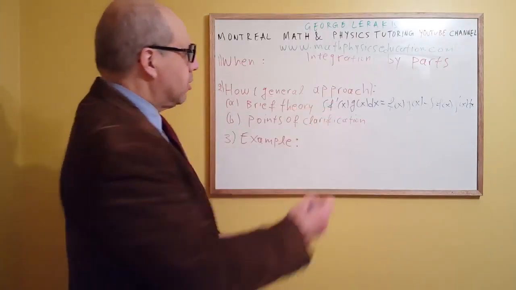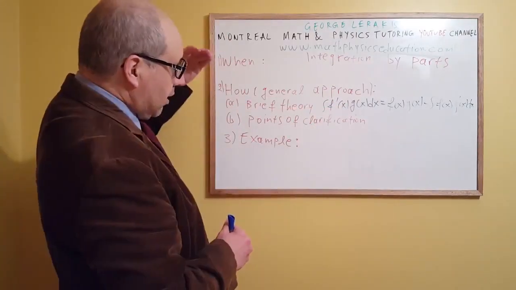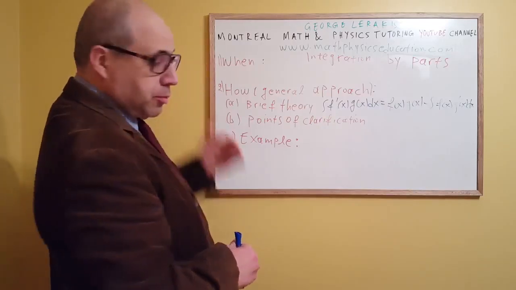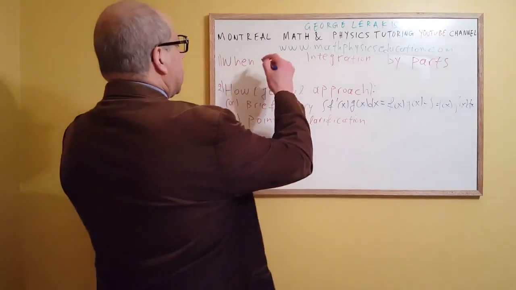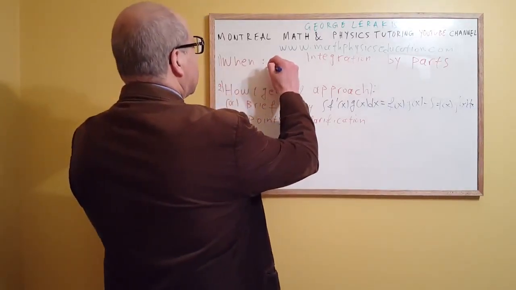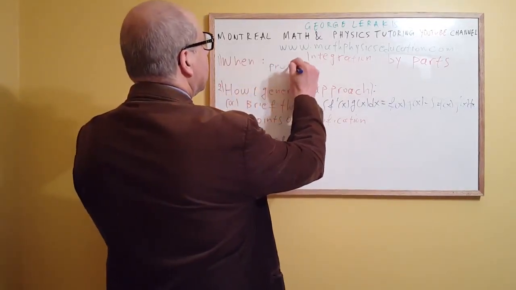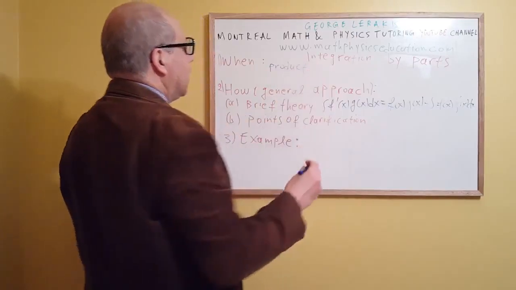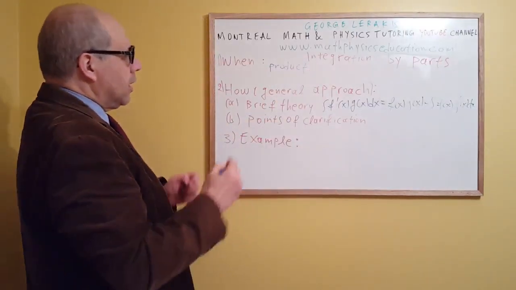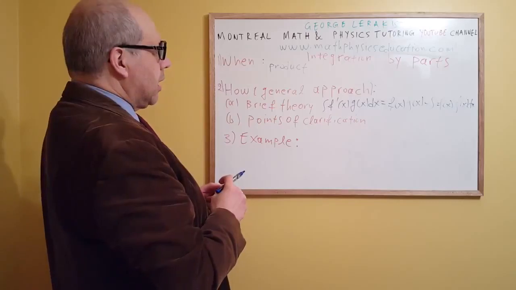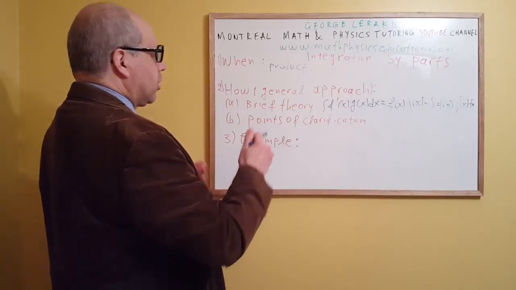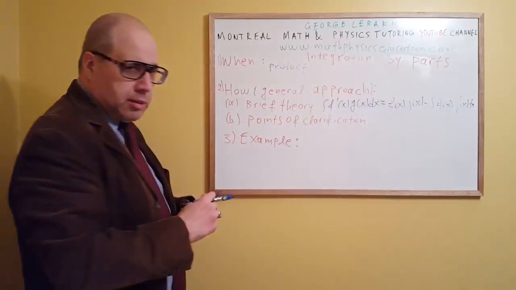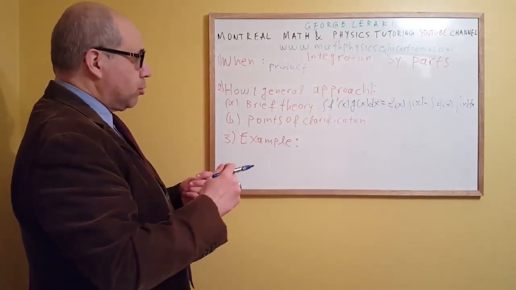If you see what you have here, you have to find the integral of the product of two functions. So that's when you do it. That means that you must have a product of two functions. And of course, when we mean a product, that can be some function multiplied by 1, because that's also a product.